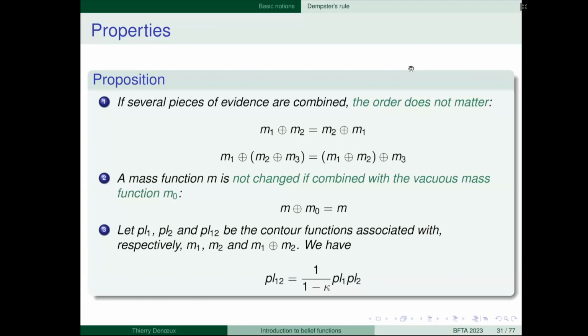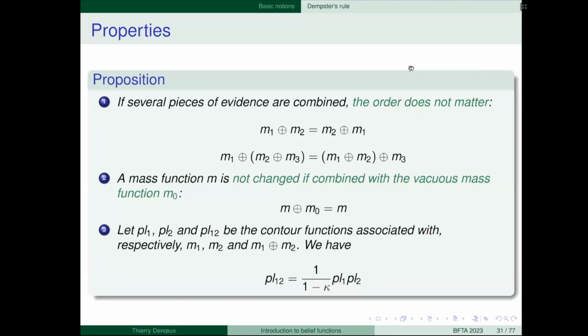You can compute the combined contour function without computing the mass function. You can just multiply PL1 with PL2, term by term, and divide the result by 1 minus the degree of conflict. This is much simpler, because the number of operations is just proportional to the cardinality of omega, instead of being exponential like the cardinality of the set of all subsets of omega. So it is much faster to compute.